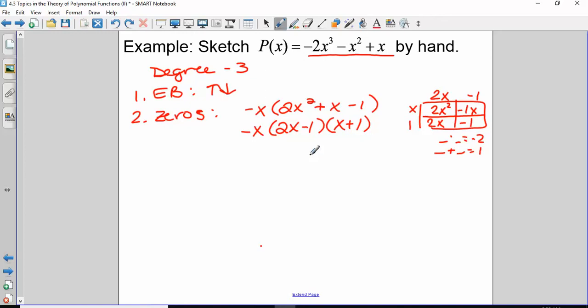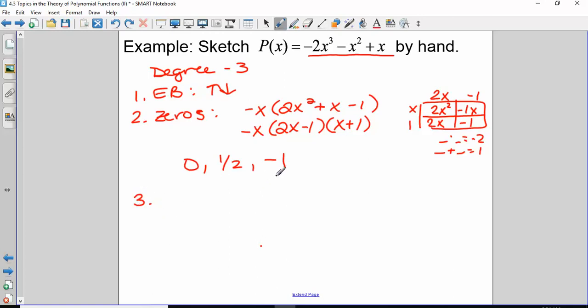Okay. So then, my zeros, if I set each of those to 0, what makes negative x equal 0? What makes 2x minus 1 equal 0? And x plus 1? Alright, so those are my zeros.